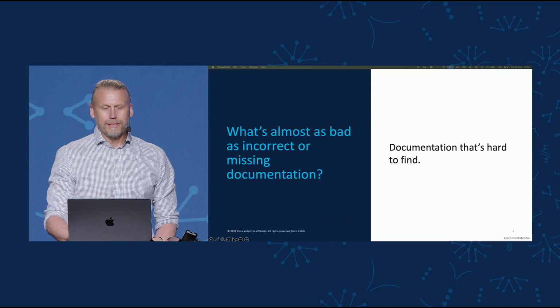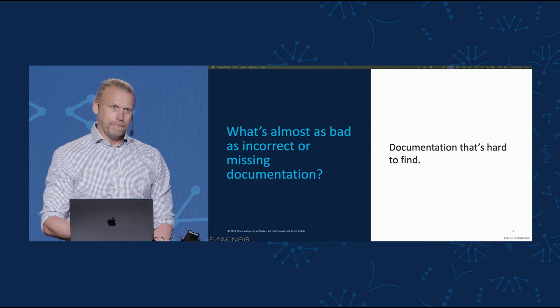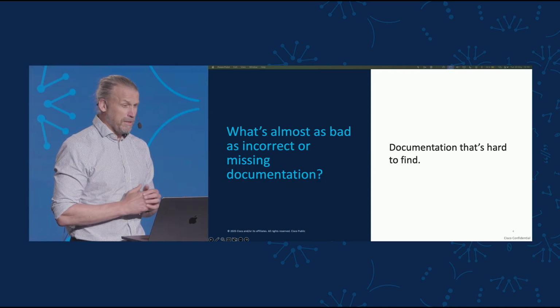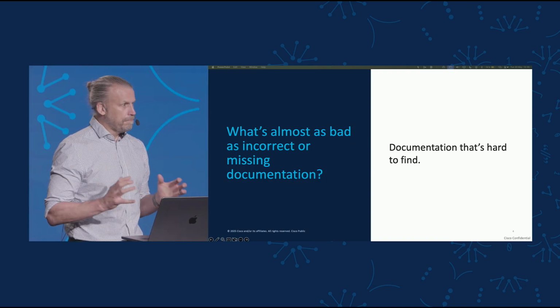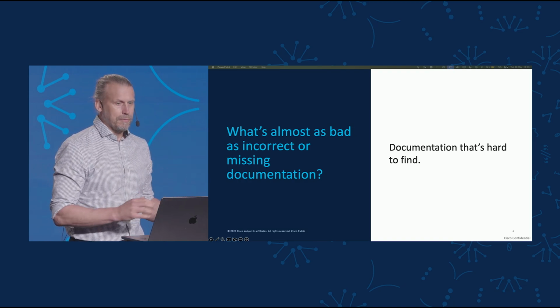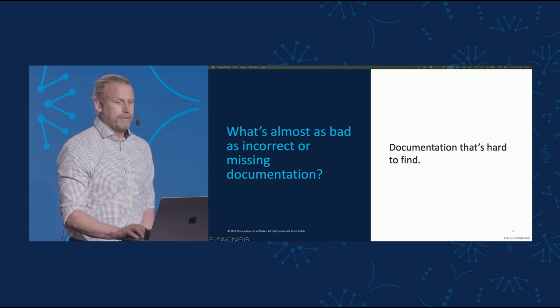So yeah, what's as bad as that? Bad documentation, missing documentation. Yeah, it's been hard to find stuff in the documentation too. It hasn't been totally set up as it was with the previous platform that we had. And it's been hard finding a way in the example set. It's been hard to search the documentation. So we want to change that.